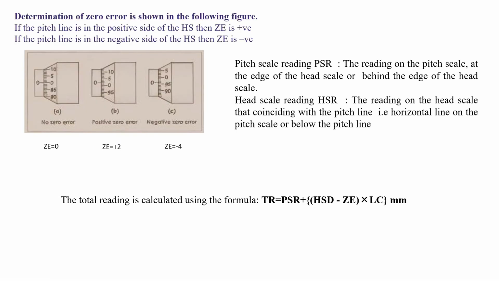Apart from least count, you need to find the zero error in the instrument. When the zero of the pitch scale and the zero of the head scale coincide, then the error is 0.